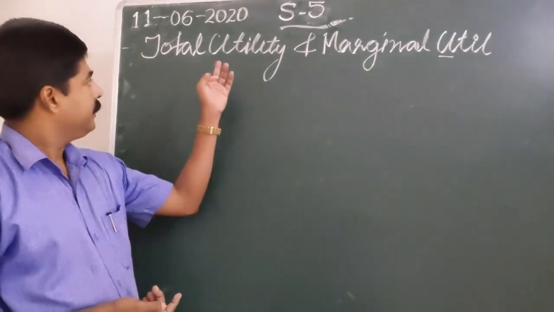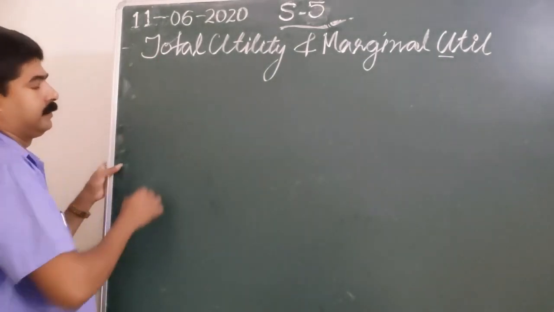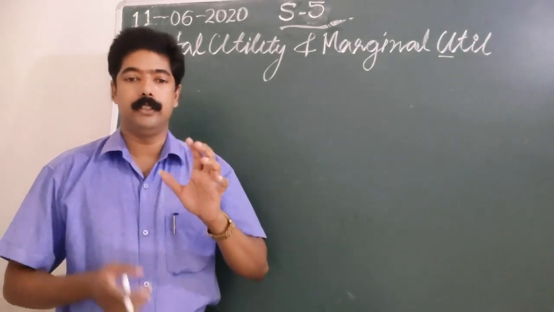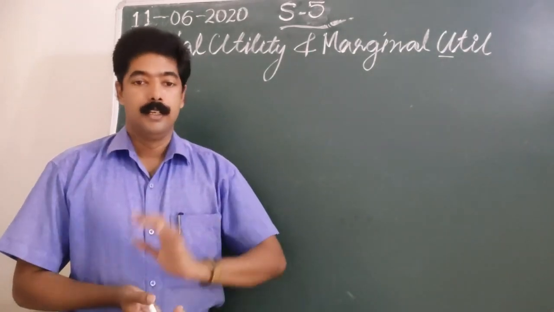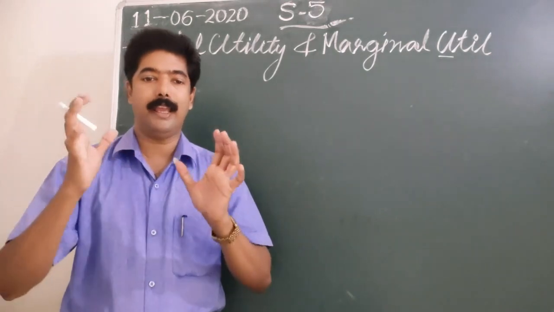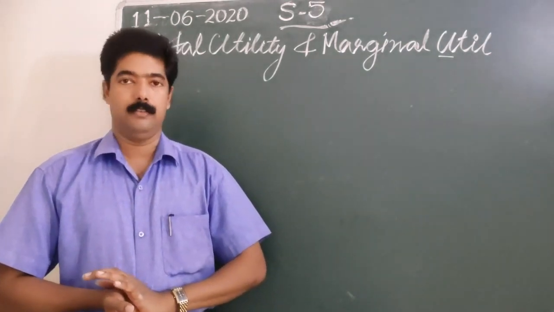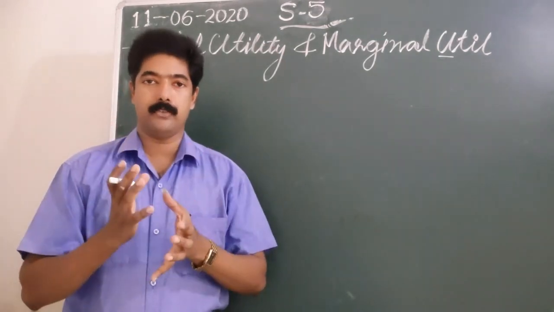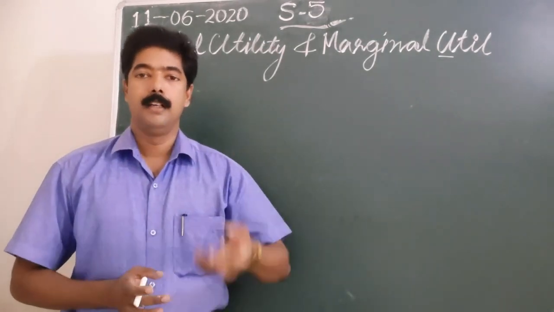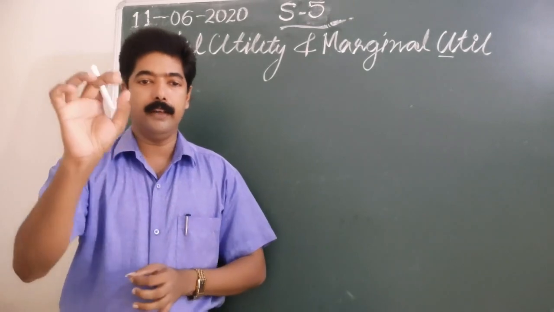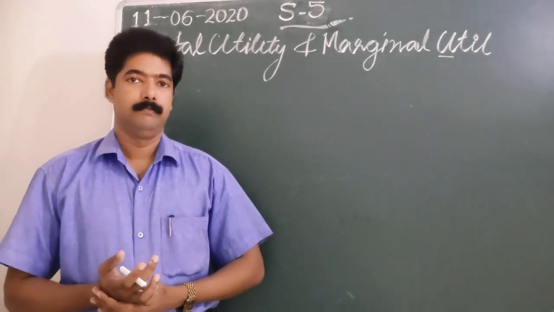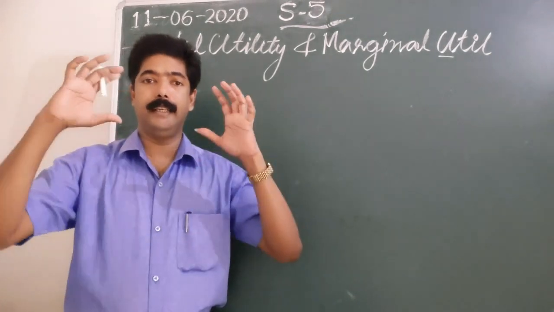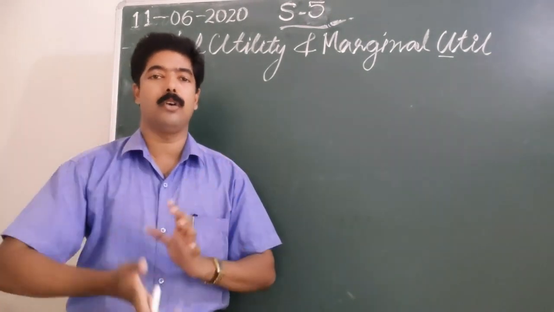Now what is meant by total utility? Total utility, or total util, refers to the entire amount of satisfaction obtained from consuming a given quantity of a commodity.